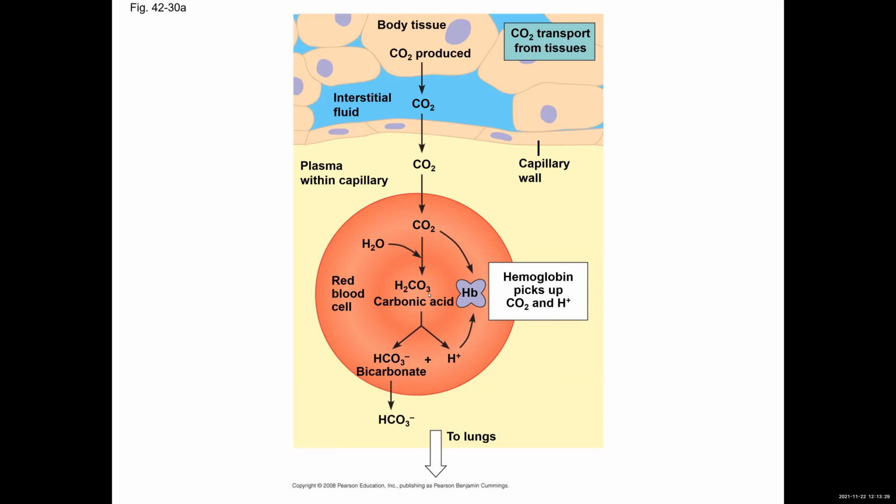Carbonic acid is going to spontaneously dissociate. It's an acid because when you mix it with water, it gives off a hydrogen ion. And those bicarbonate ions, HCO3 minus, are then going to diffuse out of the red blood cell.